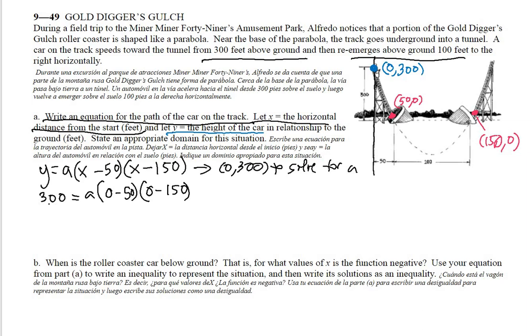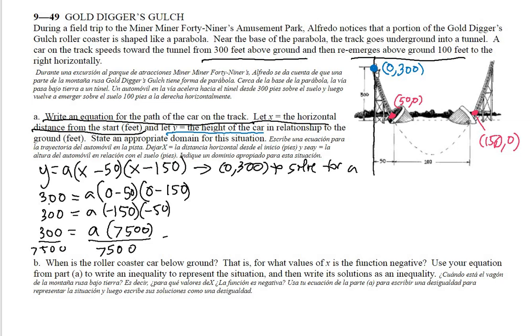If I solve this, I get 300 equal to a times negative 150 times negative 50. That's 300 equals a times 7,500. Divide both sides by 7,500 to get a alone. That gets me a is equal to, if you put this in your calculator, you get 0.04.